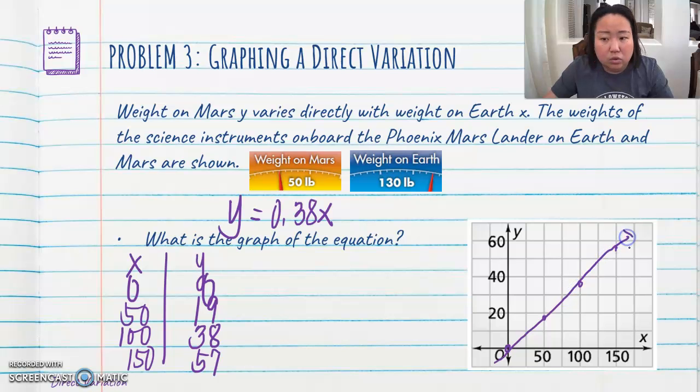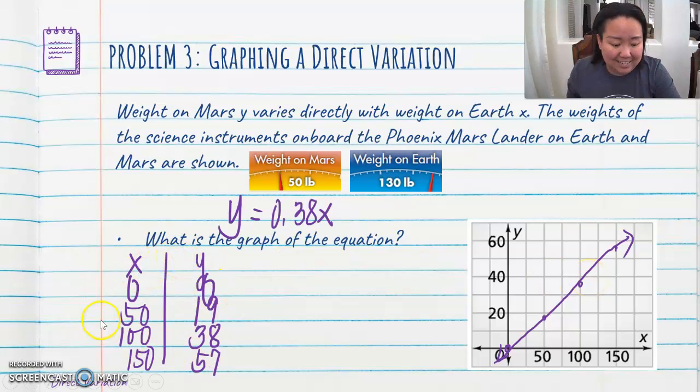It's going to be a perfect straight line. You can use a graphing calculator to double check this. It's just so difficult for me to draw a straight line by hand without some other tools. So you will see that this is going to be the graph of the equation y equals 0.38x.